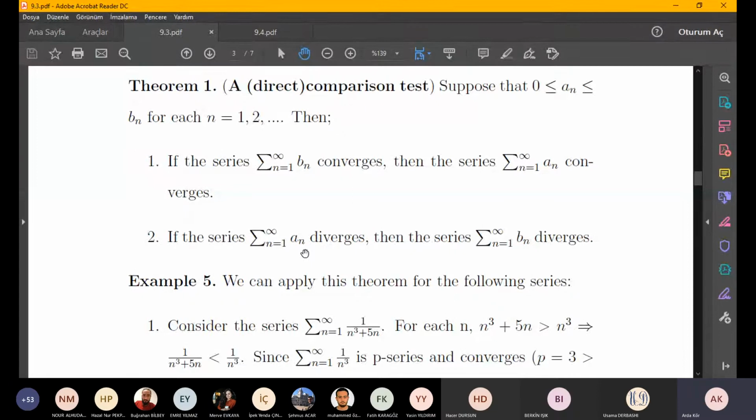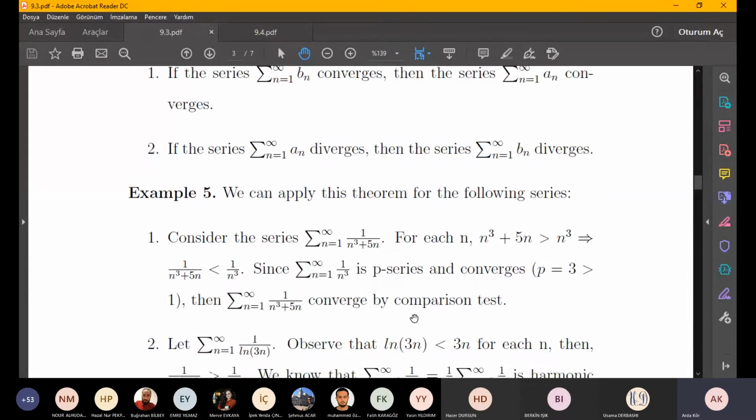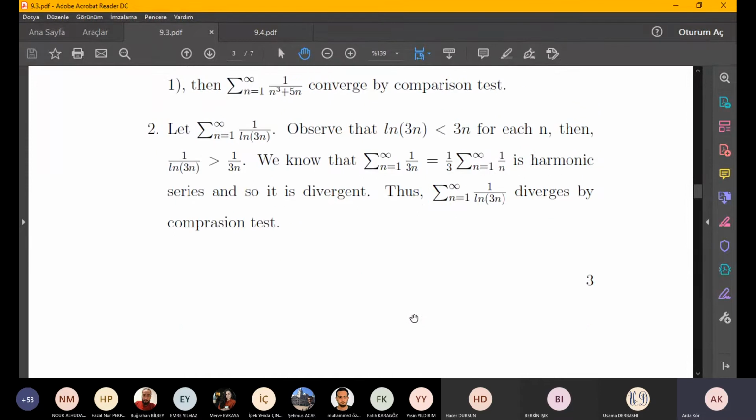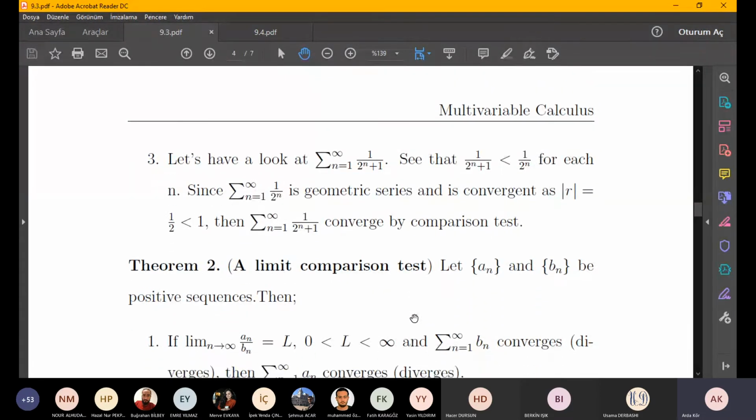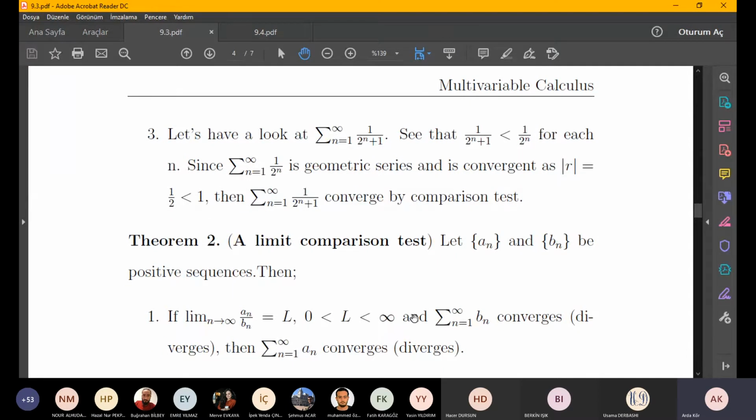Let's give the third example for again direct comparison test for positively defined series. So the general term here is 1 over 2 to the n plus 1. So you can directly say that we can compare it with the geometric series, because we can write here, by comparing with 1 over 2 to the n, this will be smaller than 1 over 2 to the n for each n.